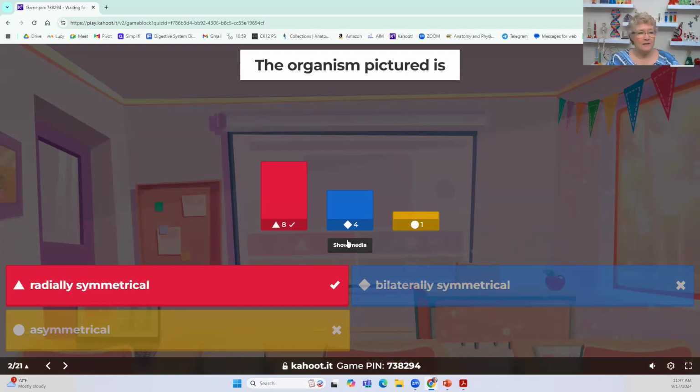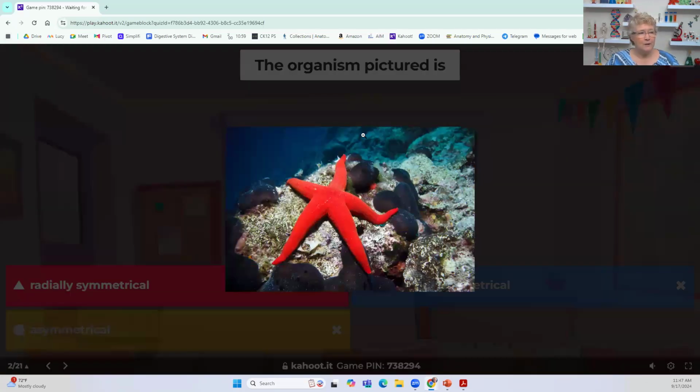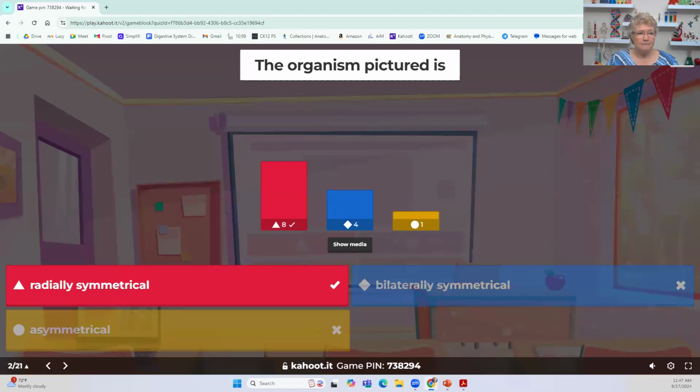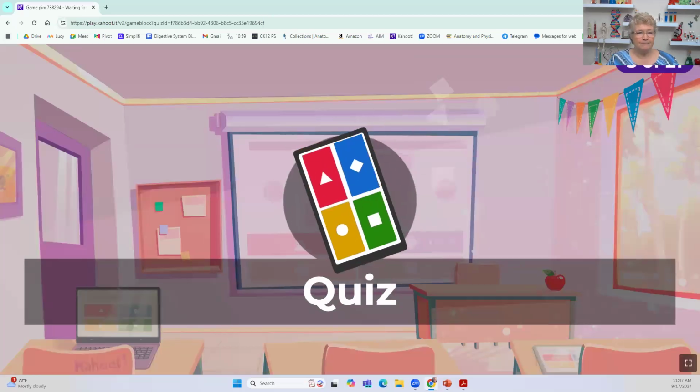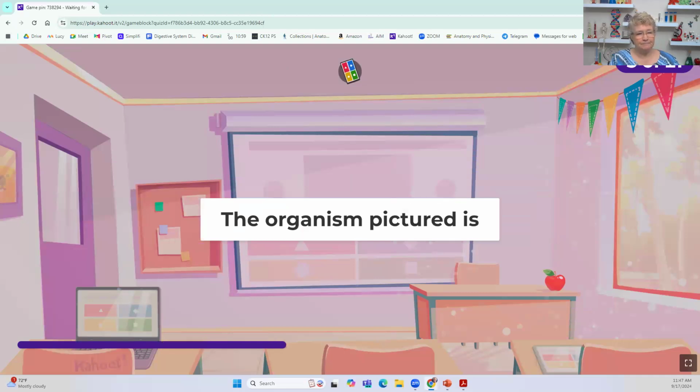Only right here is the only place that I can do that. But look at this sea star. I could draw a line here and it's about the same. I could draw a line here and it's about the same on both sides. From any of these arms, I could draw a line straight through and it would be just about the same. Think the organisms that are more or less roundish in shape are the ones that have radial symmetry. All right. Question 3.